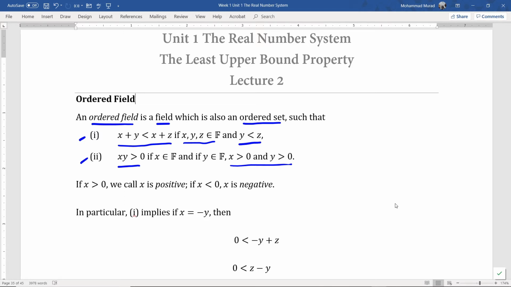In particular, statement 1 implies that if x is negative y, then the left hand side becomes 0 and the right hand side becomes negative y plus z. And by the commutative law for addition we get this statement.